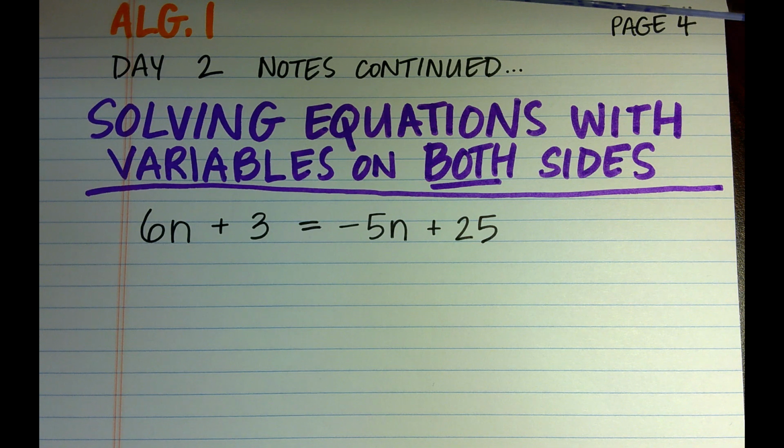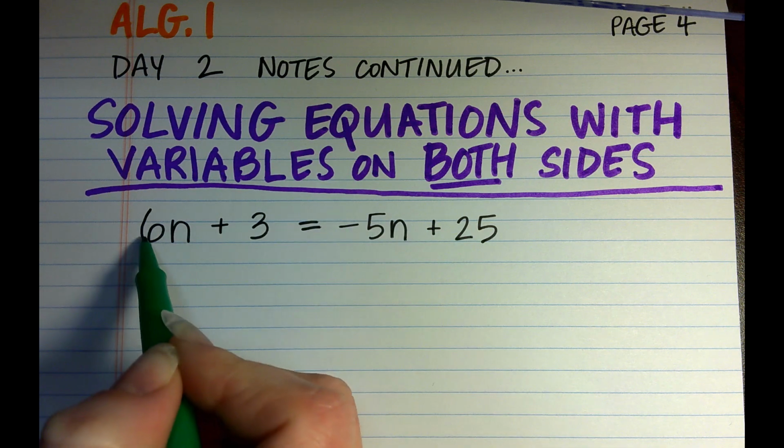So once you guys have that copied down, what are we thinking might be a good first step? Multiple correct answers. You can combine your like terms first. Yeah, we could combine our like terms first. Now, here's where we have to be careful. Before, when we were combining like terms, if they were on the same side of the equal sign, we just combined by adding or subtracting whatever it tells us to do.